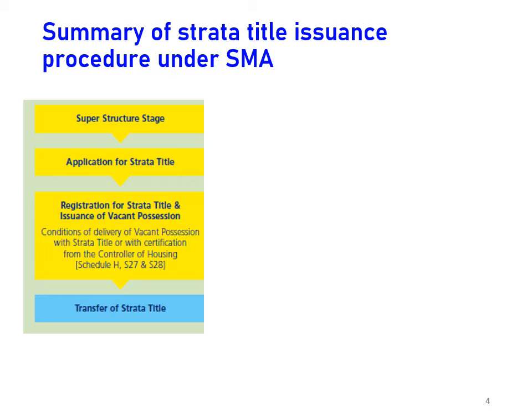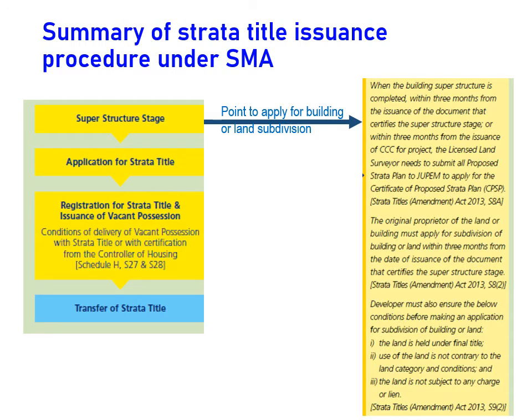So this is the point when the application for building subdivision can be made, whereby after the certification that the superstructure stage has been completed, within 3 months, as I see in this box. It's not clear here, but you can read later. Within 3 months, an application for building subdivision can be submitted to the PTG.